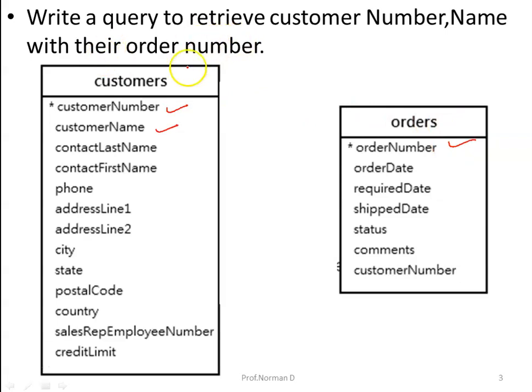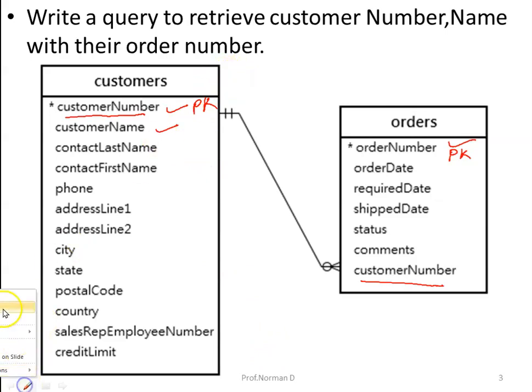In the customers table, the customer number is the primary key, and order number is the primary key in the orders table. Any association between these two tables? Yes, the customer number, which is the primary key, is acting as a foreign key in this table. So obviously there is some kind of association.